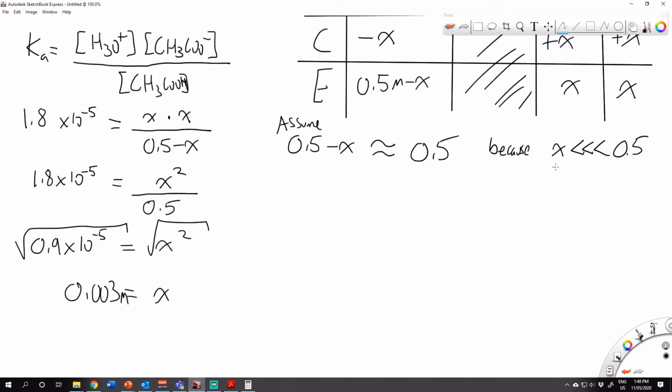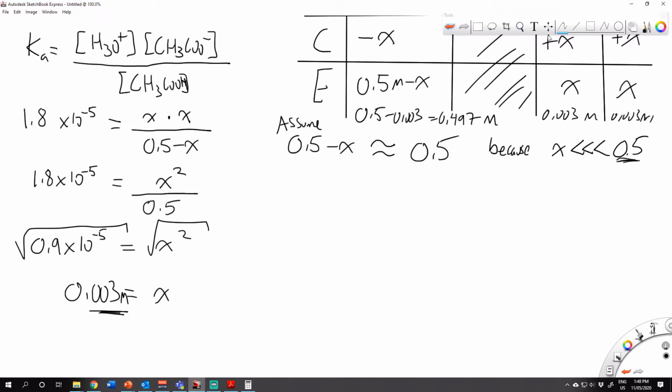Now, going back to our assumption, the assumption still holds just fine because 0.003 is quite a bit smaller than 0.5. So our assumption is justified. Now when you do the calculation, 0.5 minus 0.003 gives me 0.497 molar, and these will be 0.003 molar and 0.003 molar.